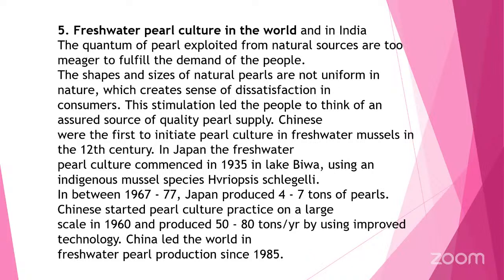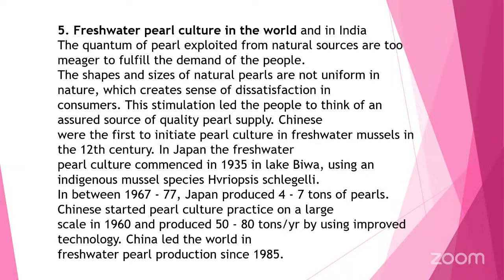Chinese were the first to initiate pearl culture in freshwater mussels in the 12th century. In Japan, the freshwater pearl culture commenced in 1935 in Lake Biwa using an indigenous mussel species, Hyriopsis schlegelii.